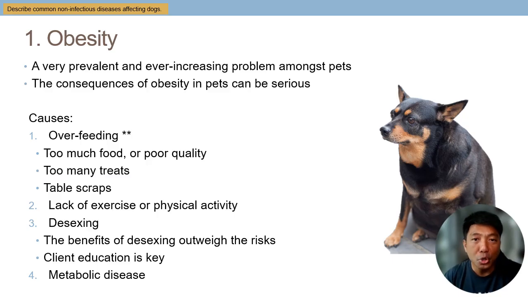The causes include overfeeding, lack of exercise, desexing, and sometimes underlying metabolic disease. Desexing, while beneficial in many ways, can reduce the metabolic rate of the dog, and client education is key to managing this.